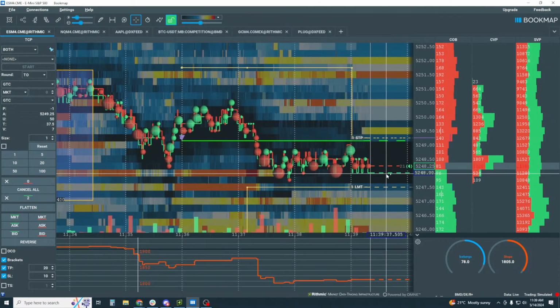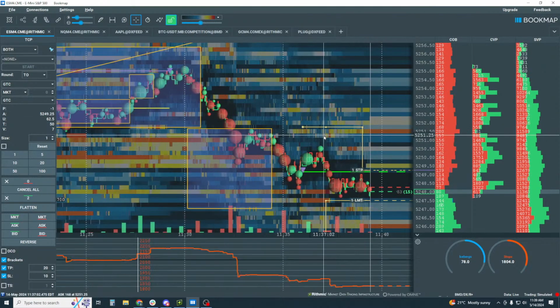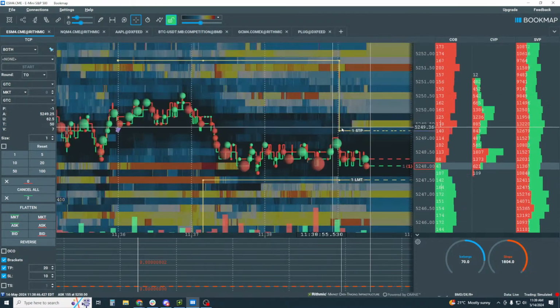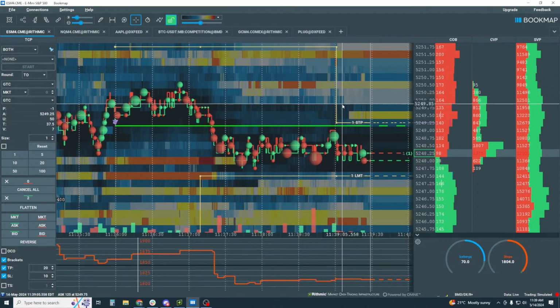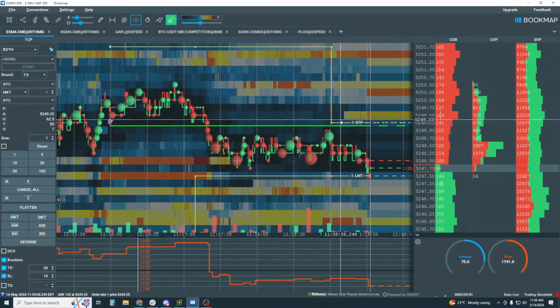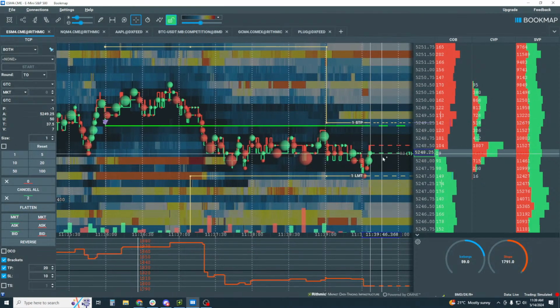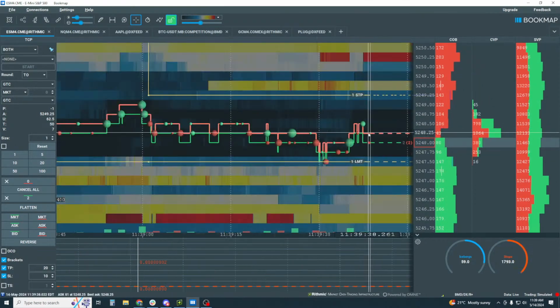Yeah, come on, sellers, right here at 48. And then the move. There we go. See it. Hitting our take profit, but just not getting filled.